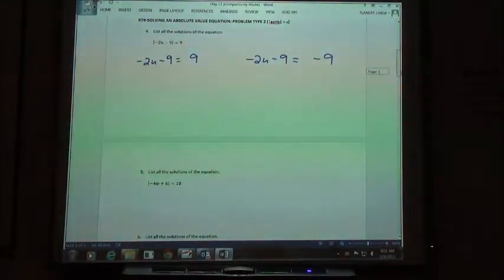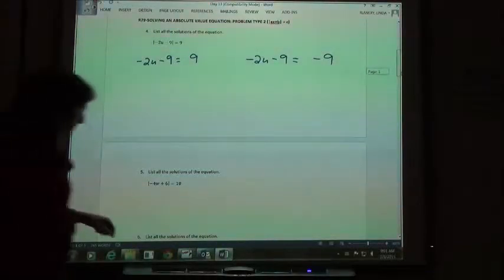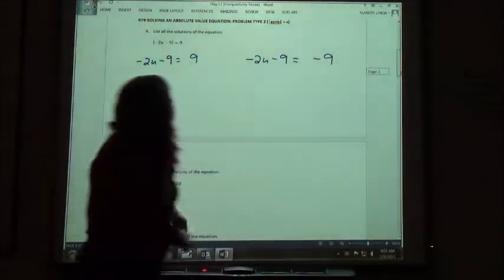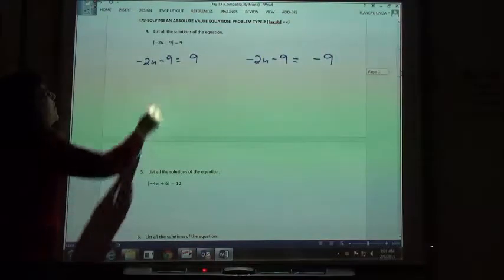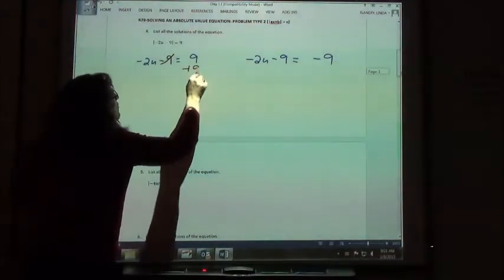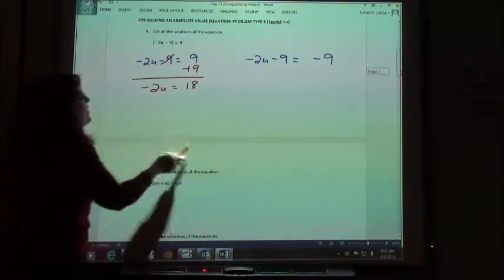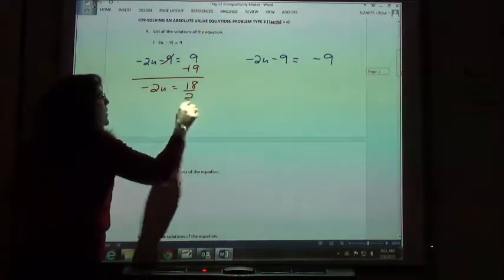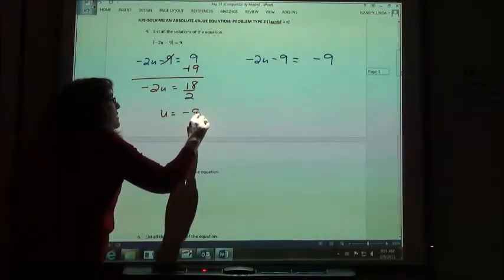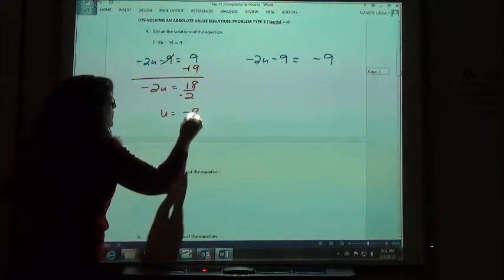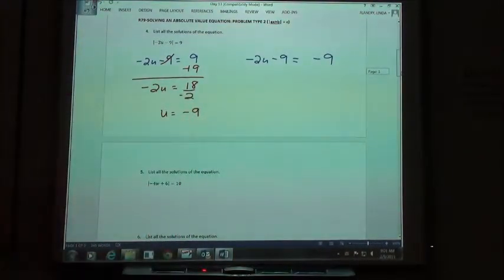And then I just solve those 2 things separately. So first one here, if I want to solve that, I'm going to add my 9 to move that over. Negative 2u equals 18. I divide by negative 2. U then equals negative 9.